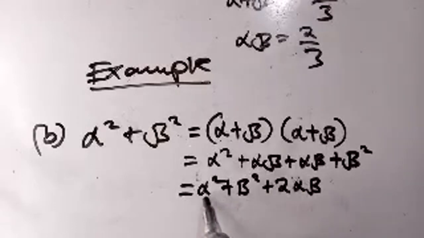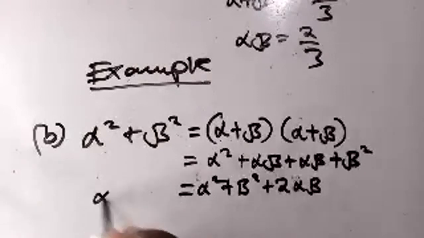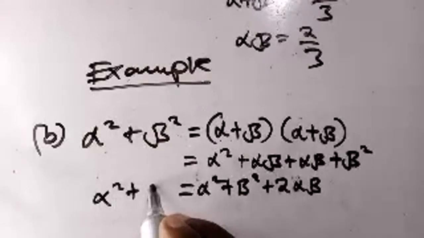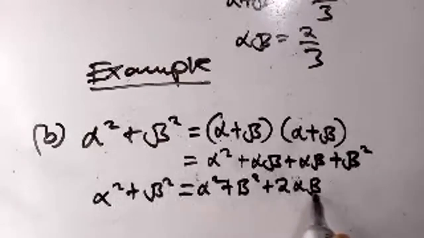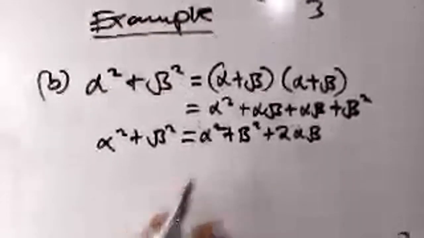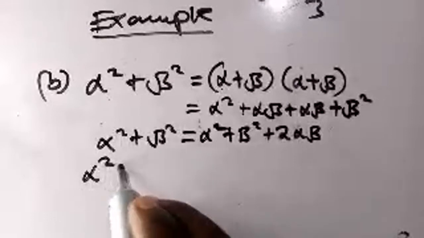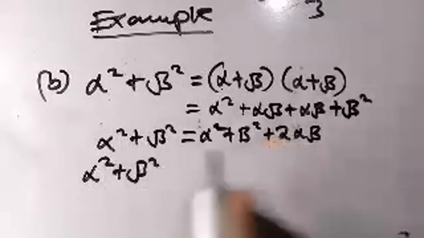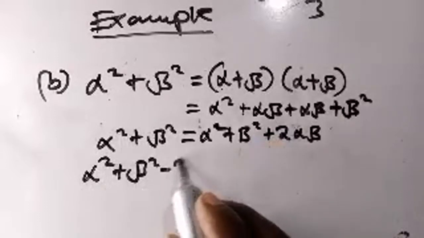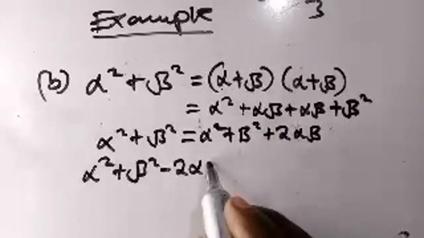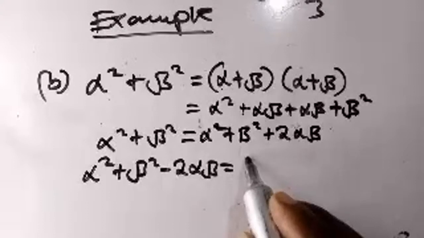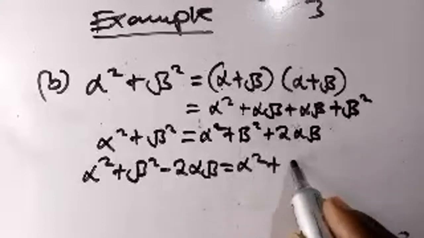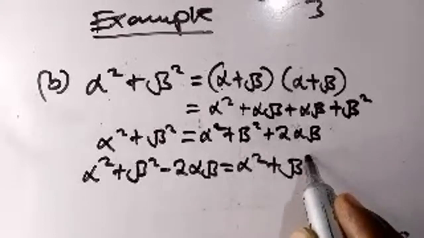So if you can see this one, it is similar to this one. So here we have alpha squared plus beta squared. So we are going to take this term to the other side, in which it will be alpha squared plus beta squared. Then if you take this term here, it will be minus 2 alpha beta, which is equal to alpha squared plus beta squared, right?